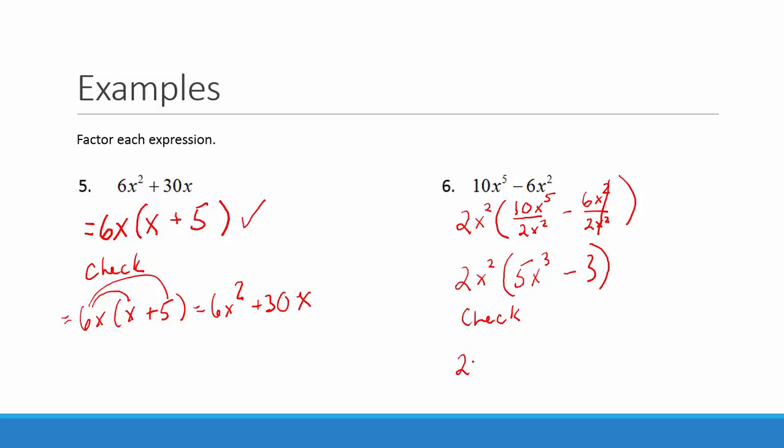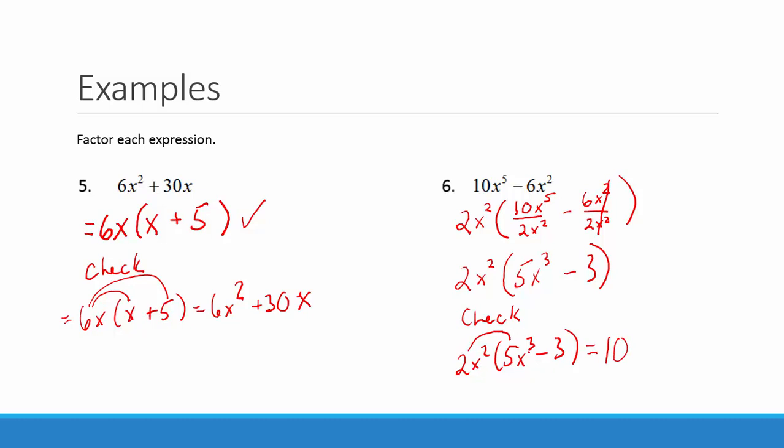Let's take the 2x squared and distribute it through the parentheses and see if we get our original problem back. 2x squared times 5x to the third. Well, let's multiply the 2 times the 5, the coefficients, and get 10.